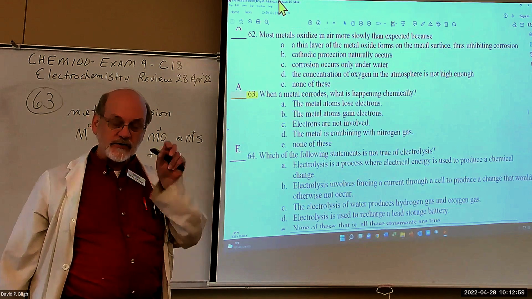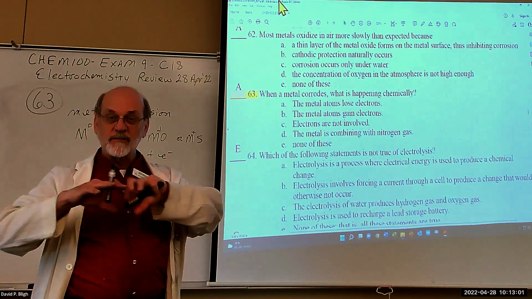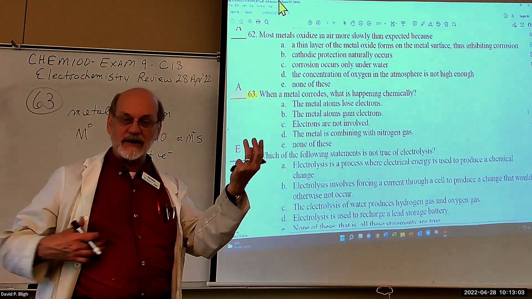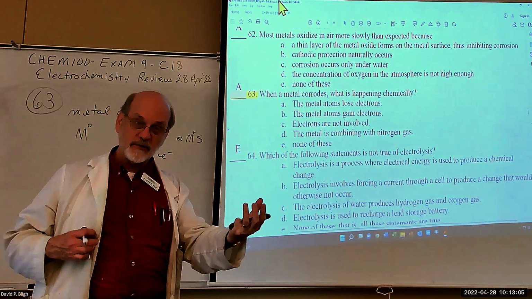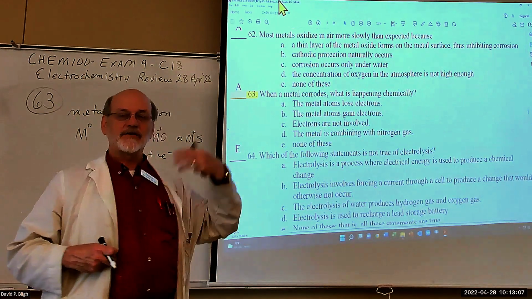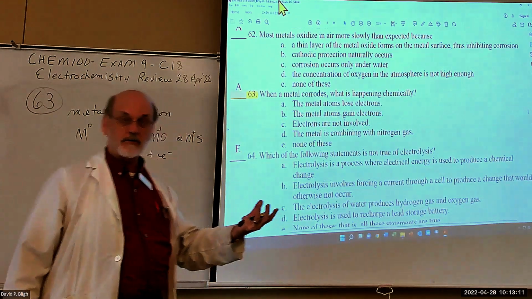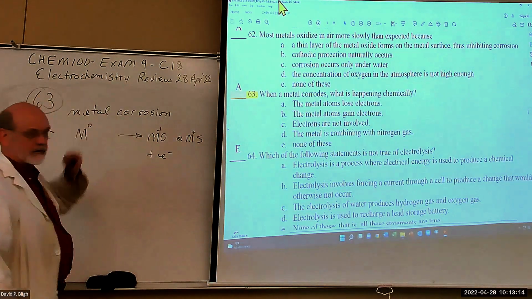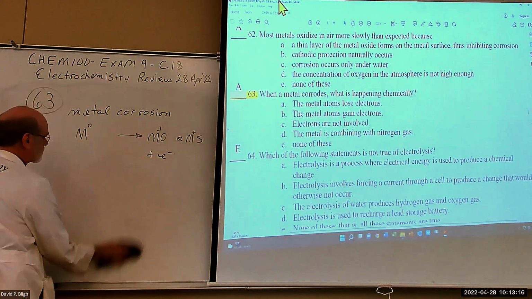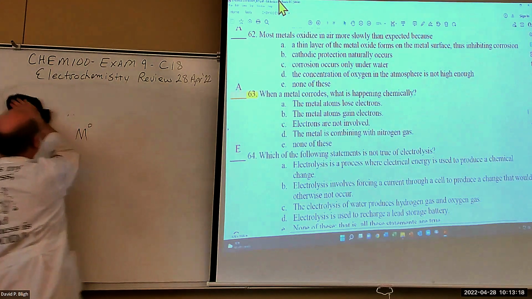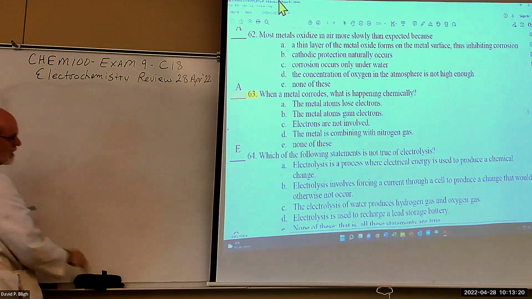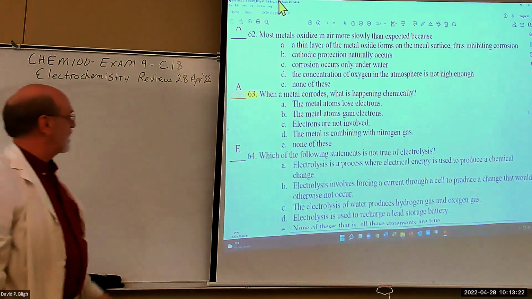We add electrons to the metal and separate it from the compound. Now we have the pure metal that was positive charge before in the ore. Now it's a metal that's been reduced to its metallic form, zero state. That's 63.